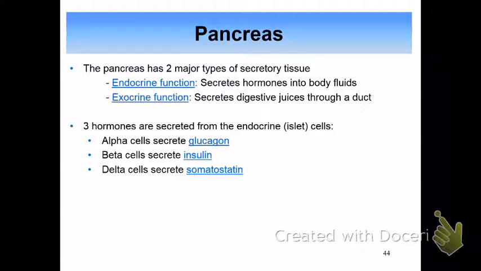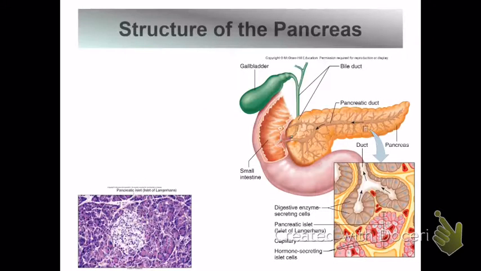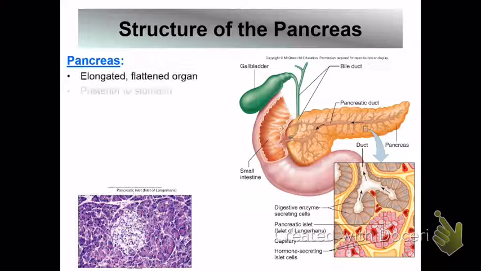The glucagon comes from alpha cells. Beta is insulin, and delta is somatostatin. So 3 hormones: glucagon, insulin, and somatostatin. There it is, cute little orange thing over there on the side.